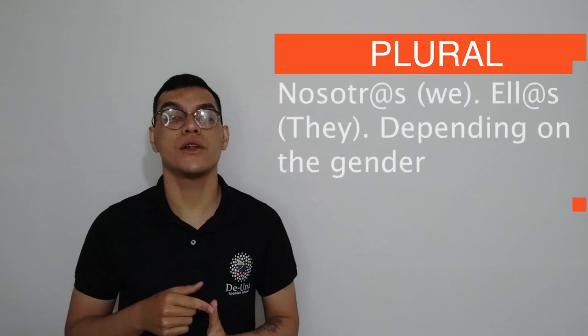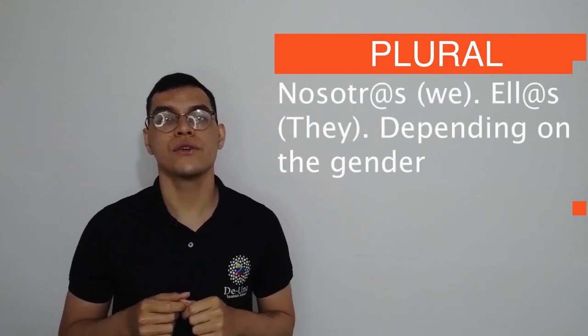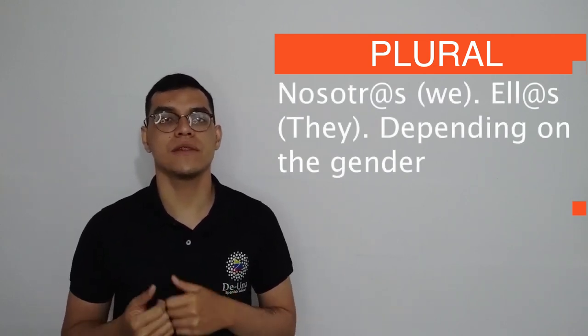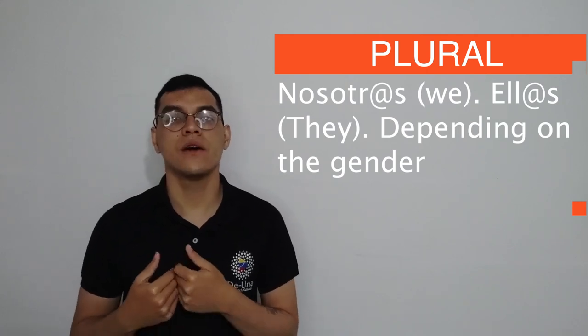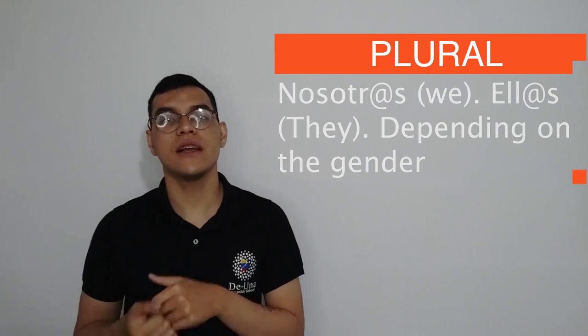So now let's go with the plural ones. The plural ones are nosotros, which means we, and we have nosotras, which means we. But the difference is the gender. For example, let's suppose I am with my female friends, and there are 5 of them.